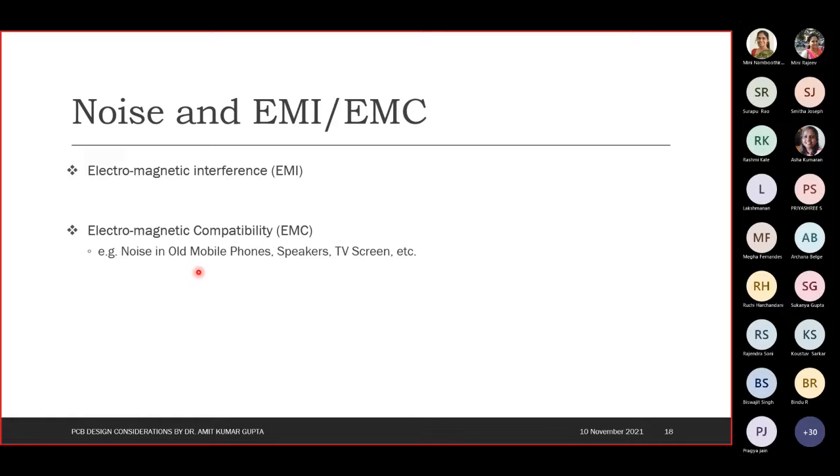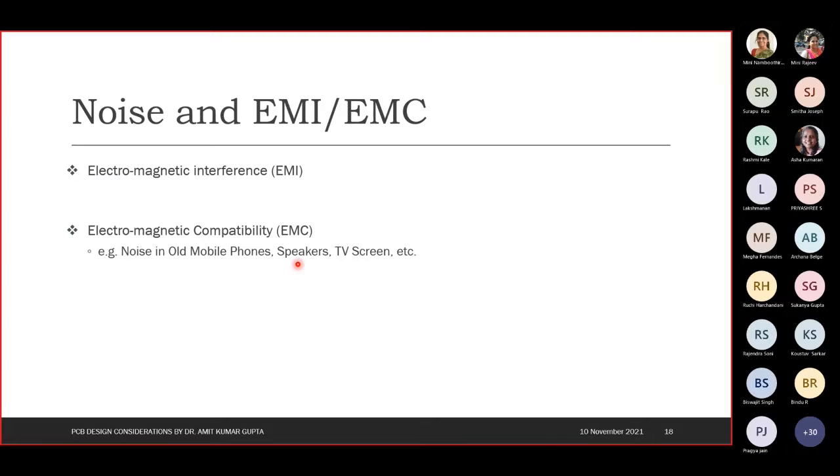In old mobile phones and some old speakers, if we remember, we have observed noise. Sometimes when the phone rings, a nearby speaker starts making a tuduk tuduk sound. Sometimes, very old, like 20-25 years back, if an aeroplane was flying overhead, you might see disturbance on the TV screen.